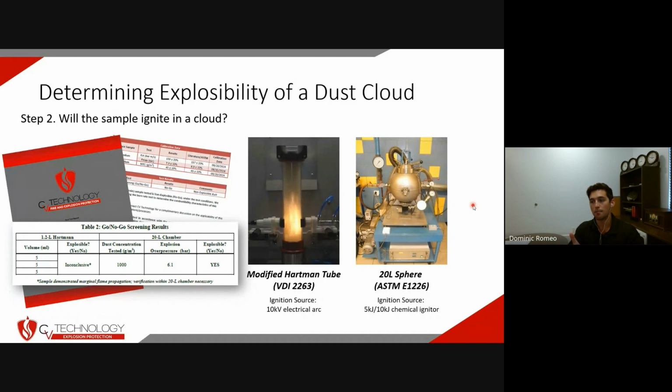And this is a metal sphere that has an air compressor at the bottom where you put your dust sample, and it is going to kick that dust up into the air, and it is going to send two igniters on both sides that spark and try to ignite that dust. And whether you have a go, which means the dust is explosible, or a no-go, which means it's not explosible, determines your next course of action.